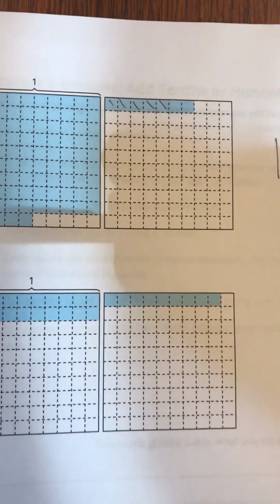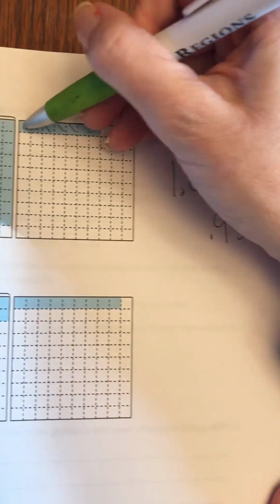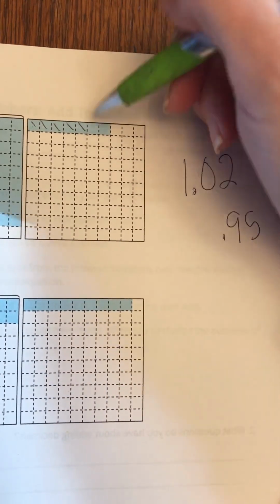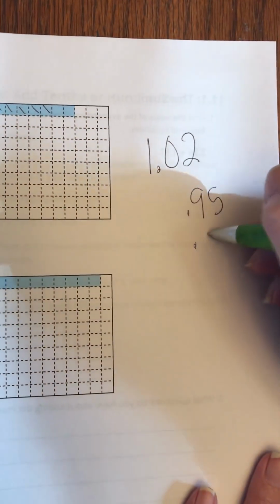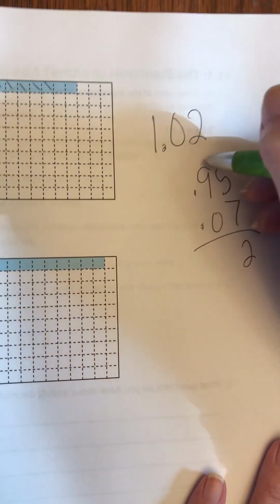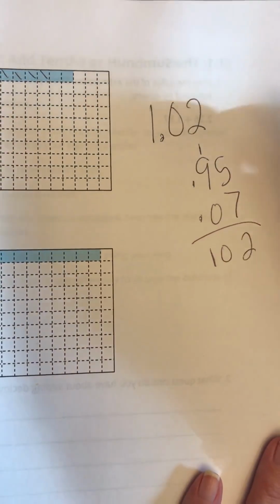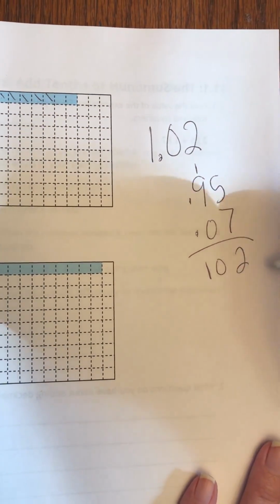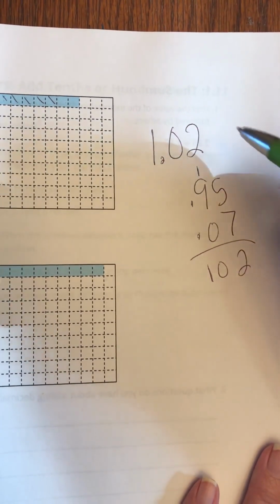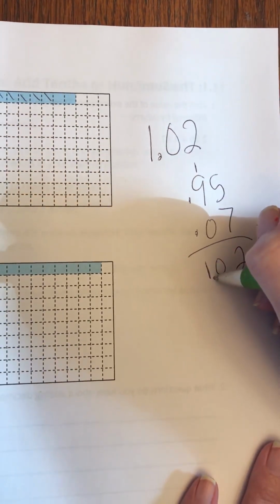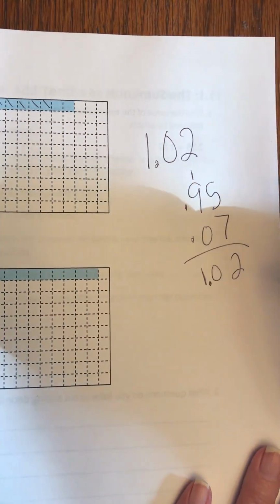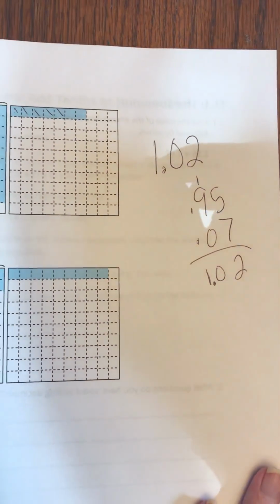So 95 hundredths plus 1, 2, 3, 4, 5, 6, 7 hundredths. And when I put that together, I end up with the same thing, 102, which is going to be the same as 1 and 2 hundredths, or 102 hundredths.